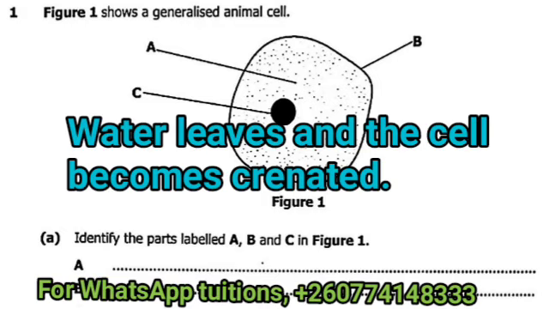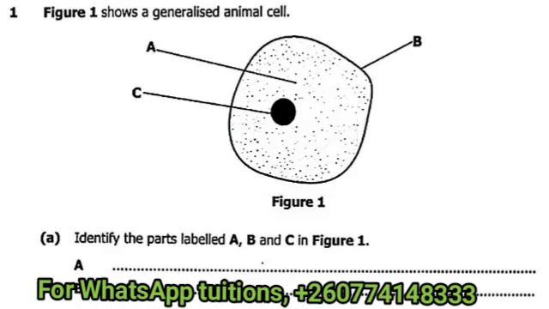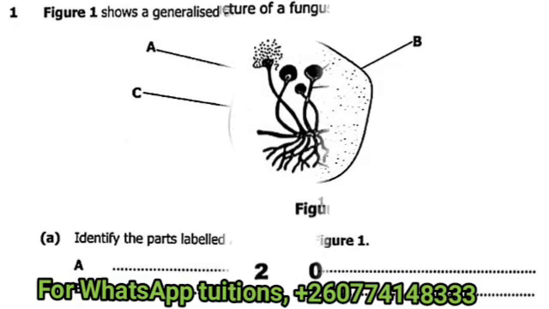But if this cell was a plant cell, it would have undergone what we call plasmolysis, P-L-A-S-M-O-L-Y-S-I-S. So hypertonic solution brings crenation to animal cells, but to plant cells, it brings plasmolysis.